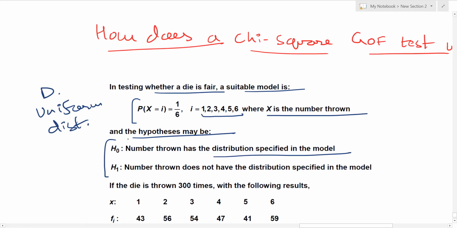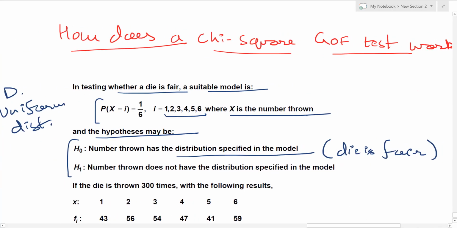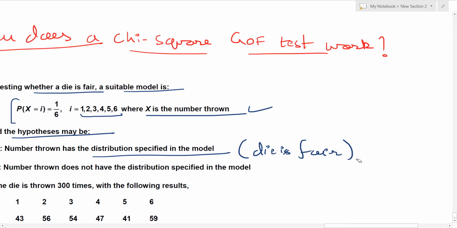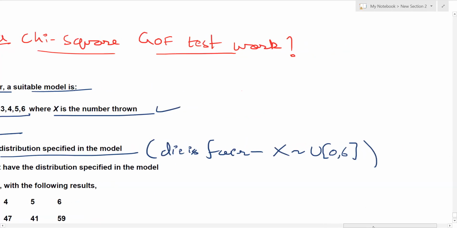So H naught is that the number thrown has the distribution specified in the model, that is, the die is fair, because the model here suggests a fair distribution, a discrete uniform distribution. This is the equivalent of assuming that the die is fair and x follows a discrete uniform 0 comma 6 distribution. This is my null hypothesis.